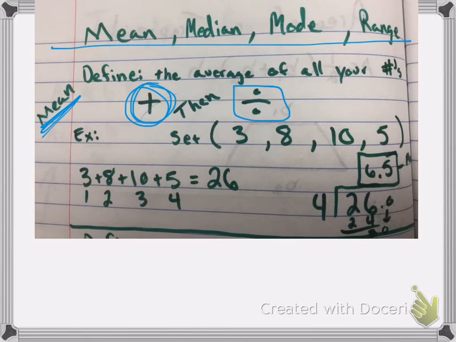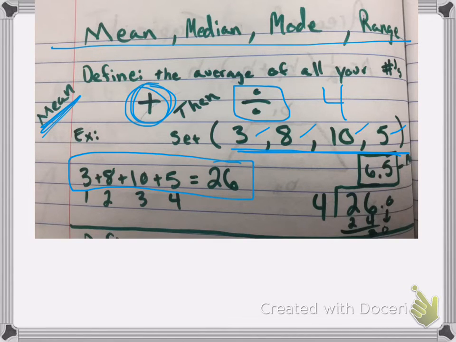I have a set of numbers down here. We've got 3, 8, 10, and 5. That's 1, 2, 3, and 4 numbers. So you would divide by 4 in this case because you have 4 numbers in your set. You can see down here, I added up all my numbers.